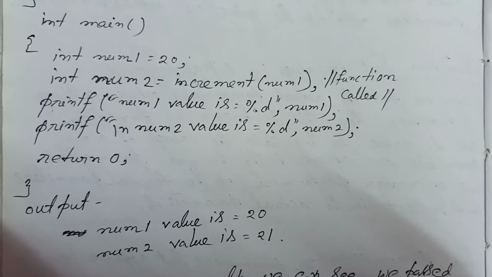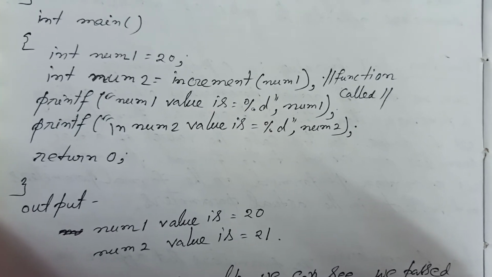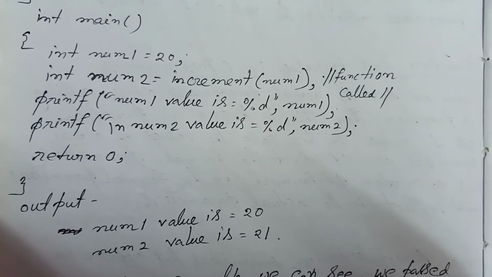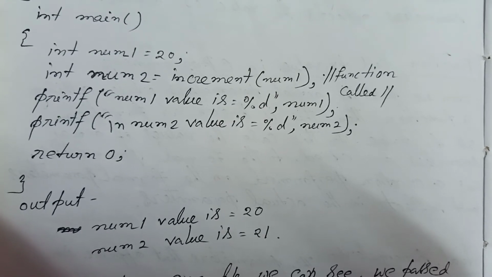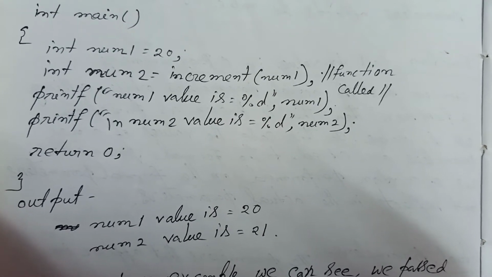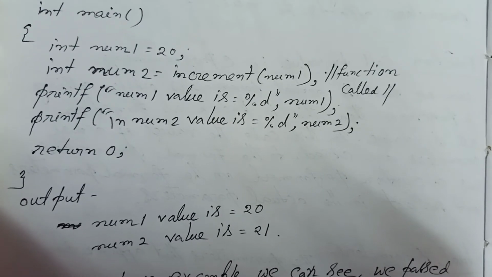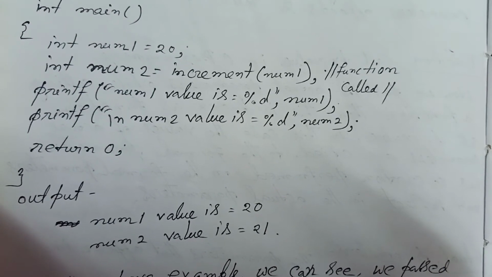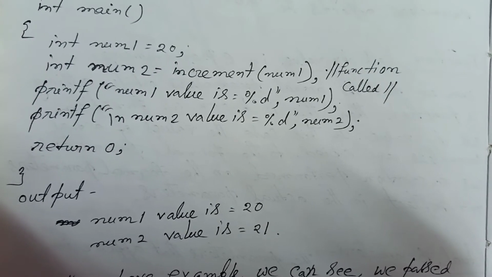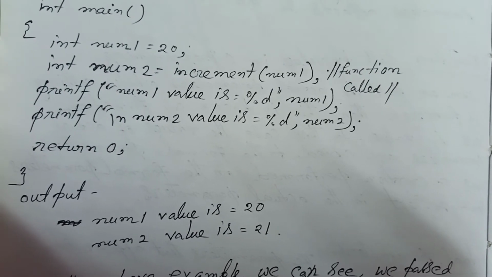Now we print the two variables, num1 and num2. First printf: the num1 value is equal to %d, quotation complete, and after a comma give num1.